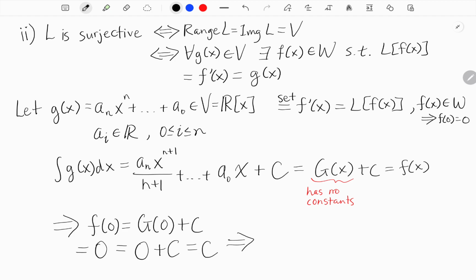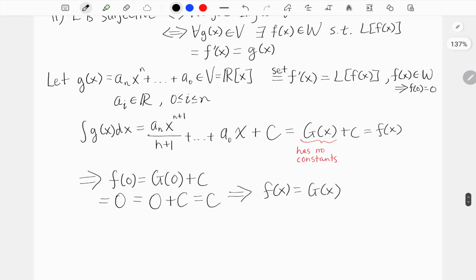So this implies that f of x is equal to g of x plus 0, which is just capital G of x. So we can define f of x to just be equal to the indefinite integral of g of x where the constant of integration is 0.